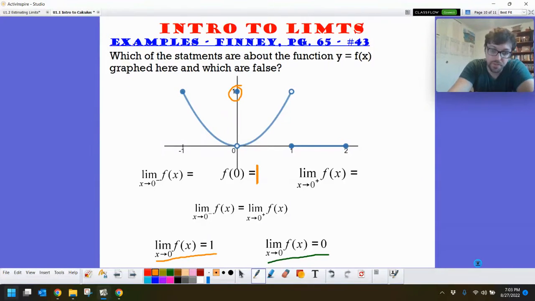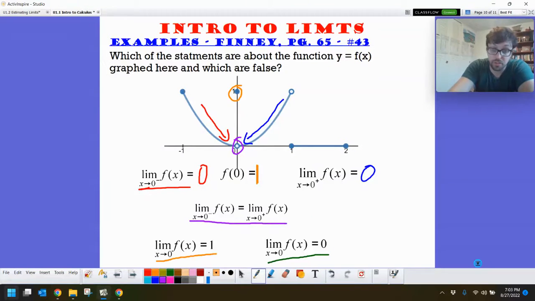It's at 1. As we come in from the left over here, we can see that it's heading down towards 0. As we come in from the right, that's what this little plus means, as x approaches 0 from the right, it is also heading towards 0 because they're both heading down towards this spot. In fact, they're both equaling the same value.